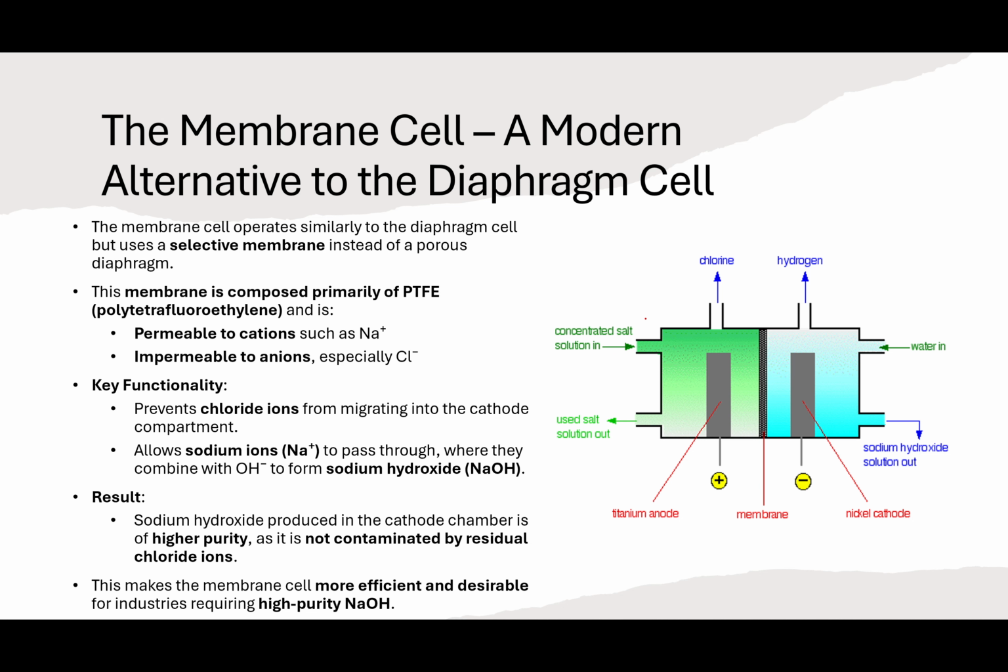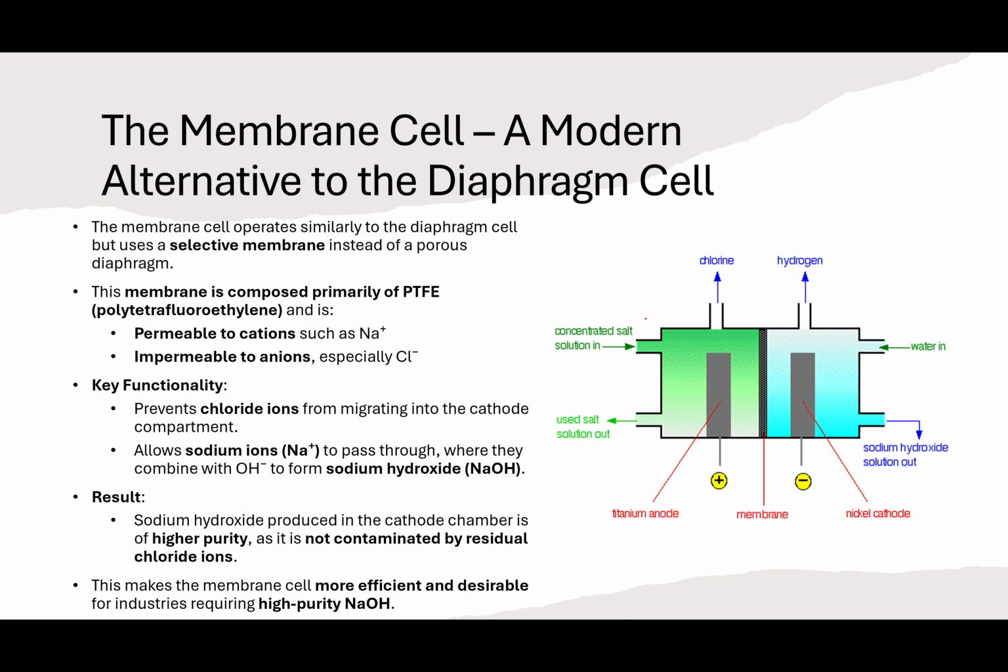So now we have no production of sodium chloride coming out, because the chloride ions are not passing the polytetrafluoroethylene membrane. So the result is a higher purity of our sodium hydroxide, because there are fewer residual chloride ions getting past. Makes sense? Hopefully that makes sense.